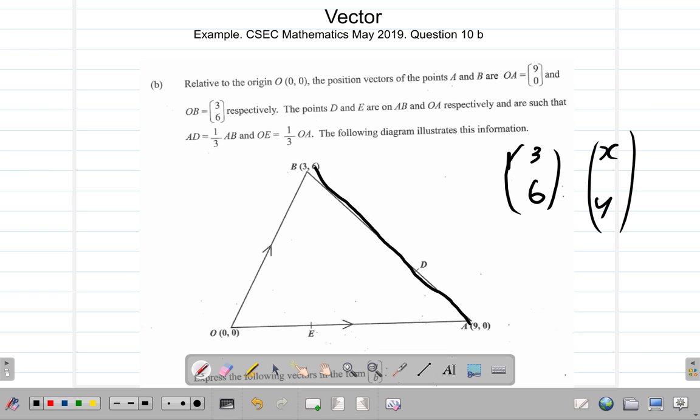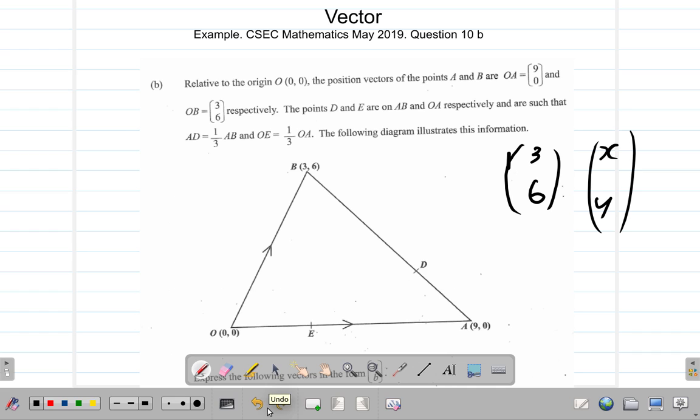This is AB, the vector AB, and D is lying on it. So you see that. And E is on OA. O to A, that is OA. Ensure you see that.